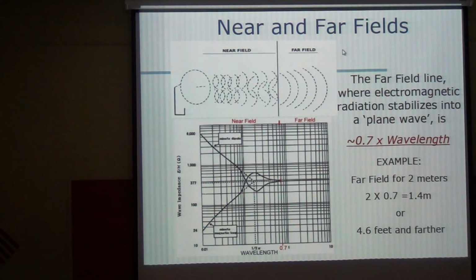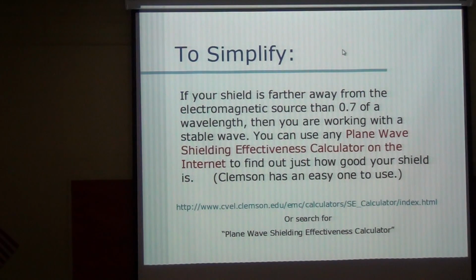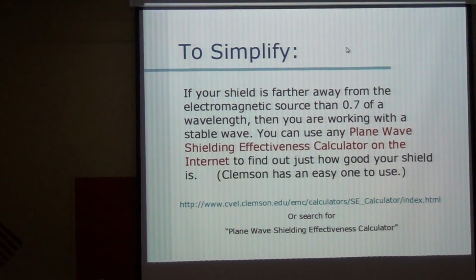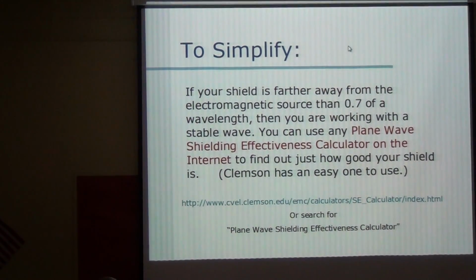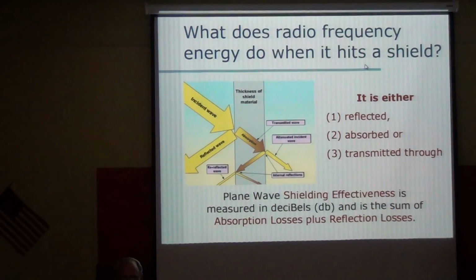That's a key point. To back up and simplify, we're always working in EMP. Since the source is outside of our atmosphere, you're always in the far field. And here's the link to the calculator that we're going to use in a second.